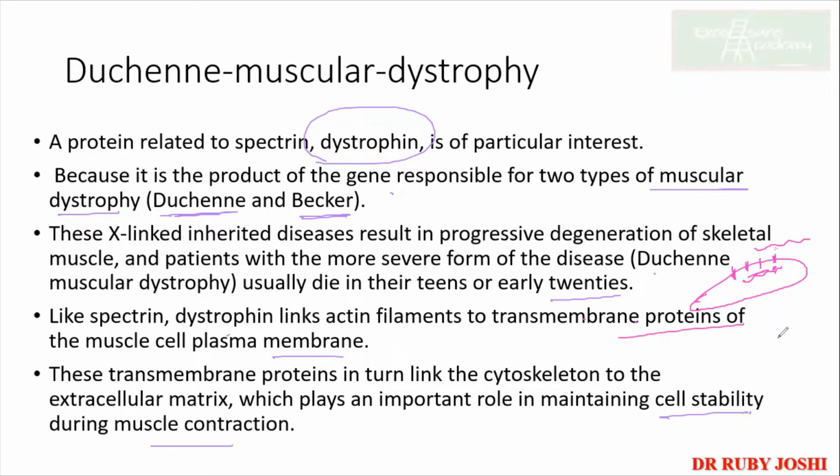Otherwise what will happen, आप contract करोगे, cells आपके squeeze होंगे या इधर उधर चले जाएंगे. But if you have this proper maintenance, it will help in the proper contraction and relaxation, right? But since this dystrophin is not there, your skeletal muscle is unable to contract. Did you get this point?